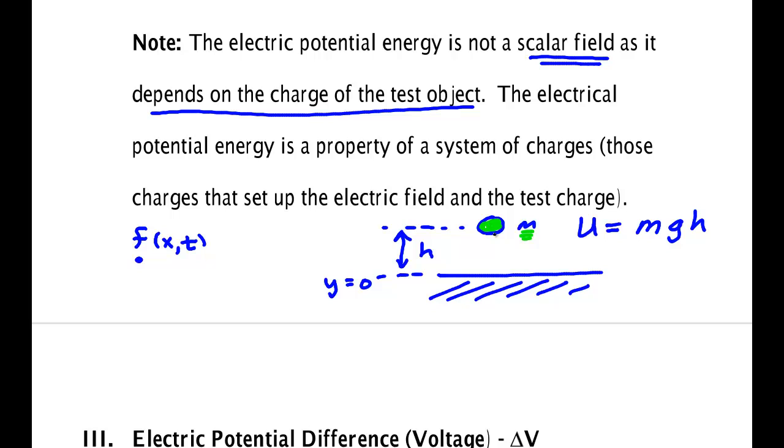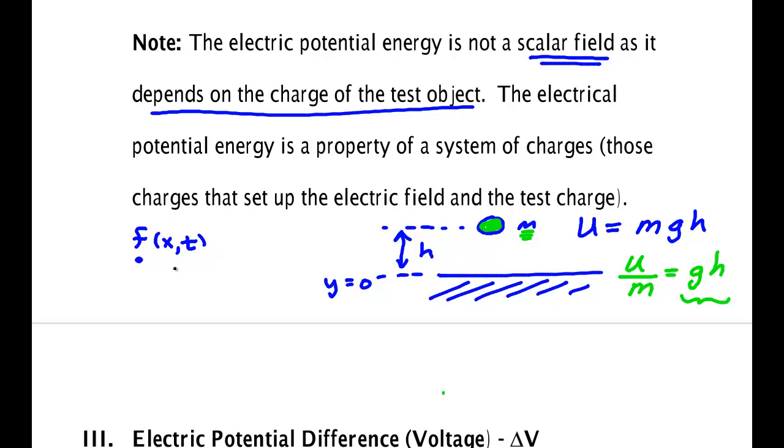If you put an elephant over here, it's got a lot more potential energy stored than if you put a paper clip. Now what we can try to do is to get rid of this dependence on m. That is, we could define a new quantity, U divided by m, and that would be gh. The only thing in here are things that are the same at a single point of space. Potential energy divided by the source, in this case the source of the gravity is mass, is a scalar field.